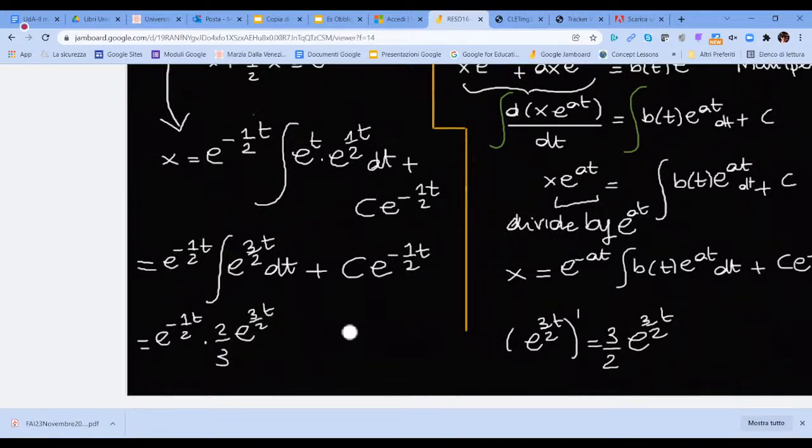That means divided by 3/2, okay? And plus c multiplied by e to the minus 1/2 t, okay?